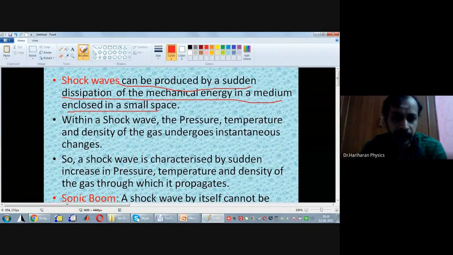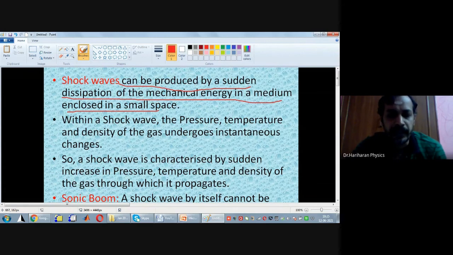For example, if you clap your hand, what happens? The medium is subjected to sudden expansion. So shock waves can be produced by making the medium expand suddenly by some mechanism. It could be by making the object go at a very high speed, or by compressing by some means.